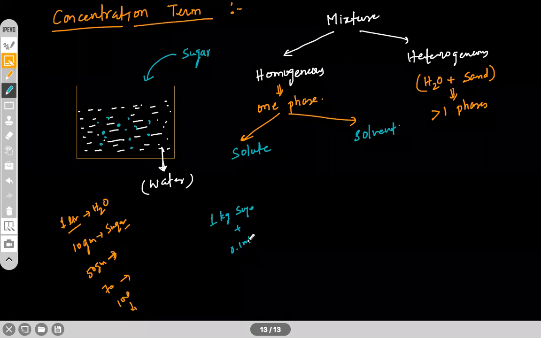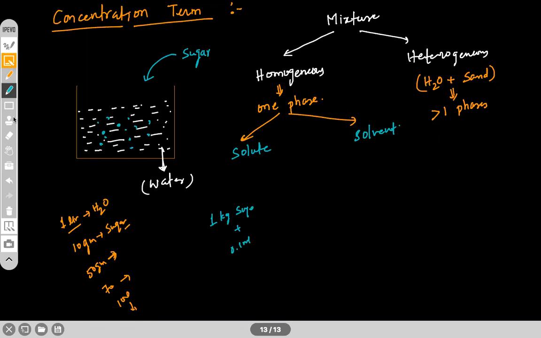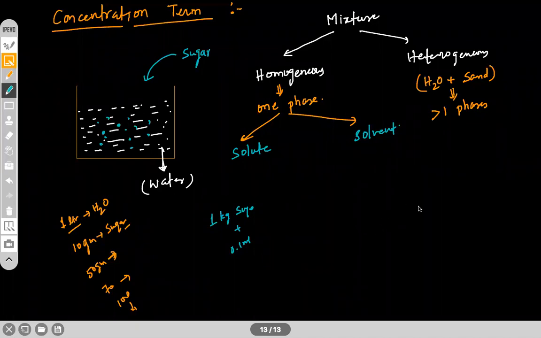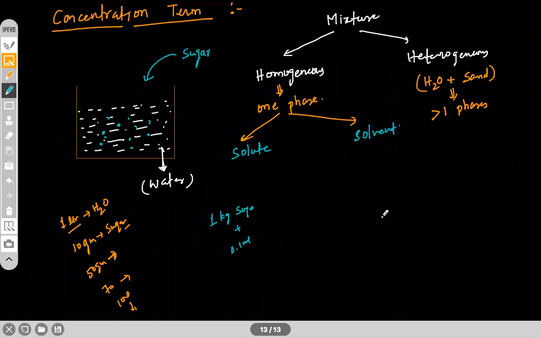So solute and solvent are always defined by their relative amount present in the mixture. So we always say solute is the component of a mixture. I'm talking about mixture now, not solution. In that case, if the relative amount is equal, we can take either of the components as solvent or solute. Any one we can take. That's not a problem. Right?